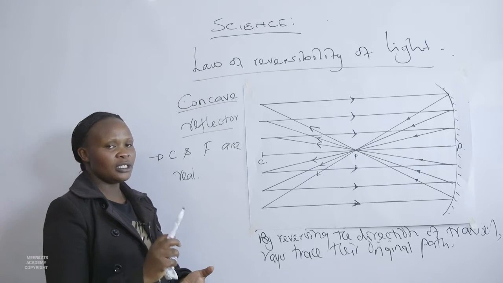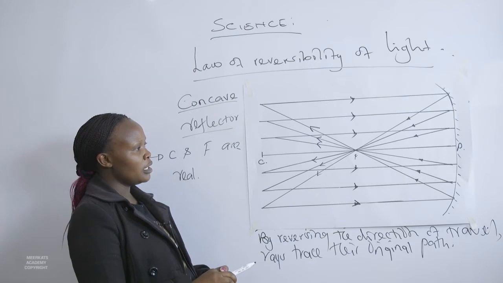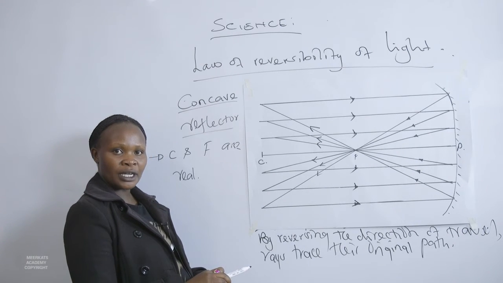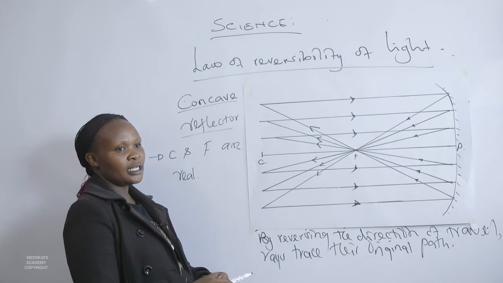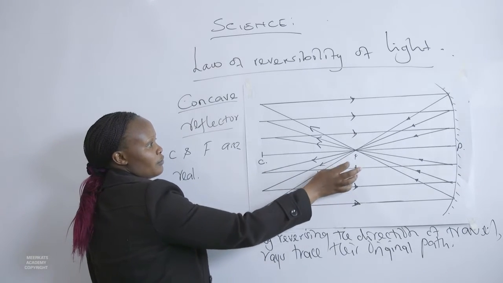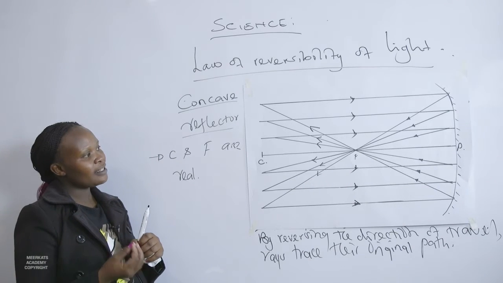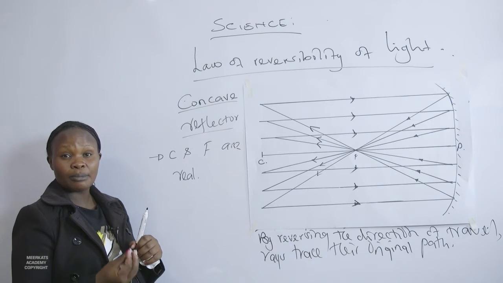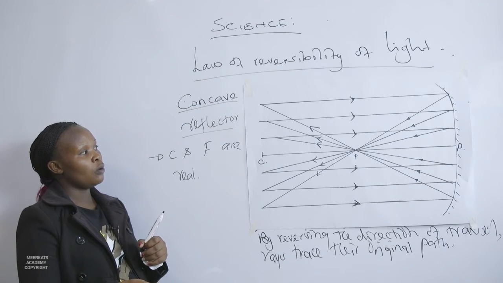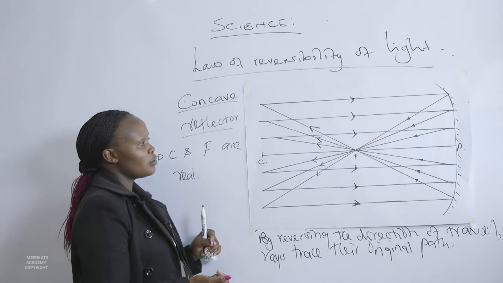Now, there's something interesting about the concave reflector that we need to find out, and it's about C and F. For a concave reflector, rays will actually pass through the two points when they are required to.